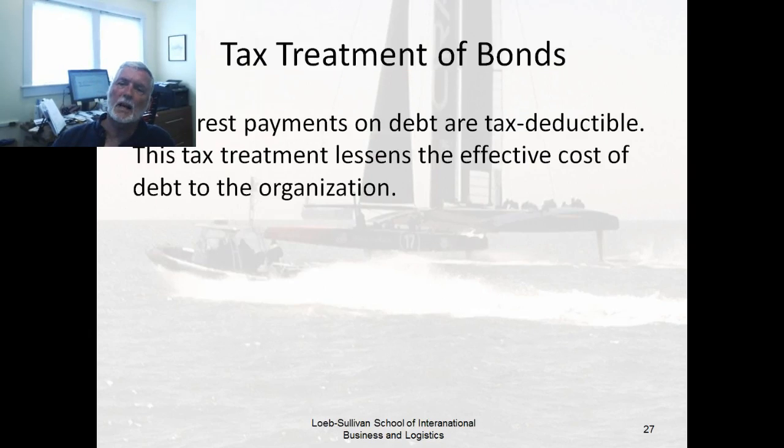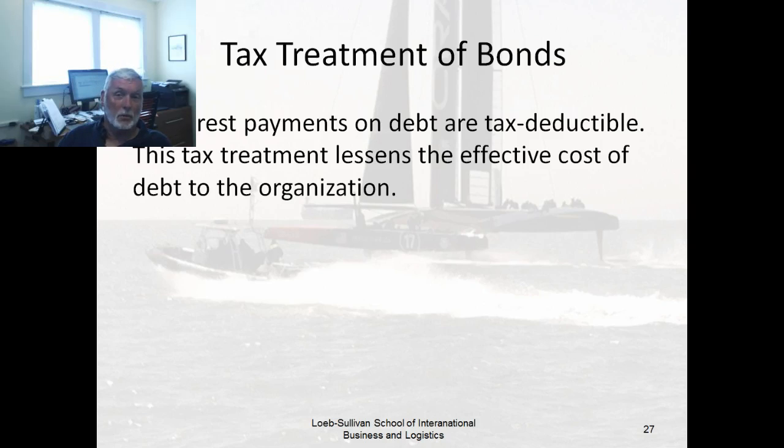Very important to understand that when we pay interest on bonds as a corporation, it's tax deductible. So it's not like dividends. Dividends are not tax deductible. When I pay interest, it's tax deductible. This lowers the effective cost of the bond. So my 7% bond, where I'm paying $7,000 a year on my $100,000 bond as Castine Investment, I can deduct that $7,000 from my taxable income.